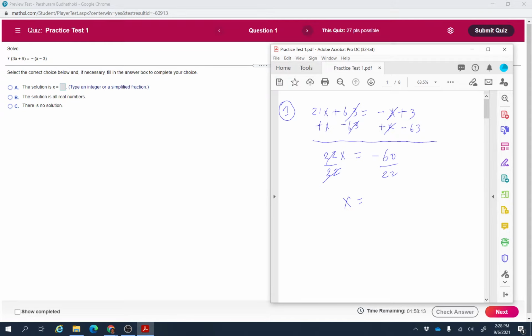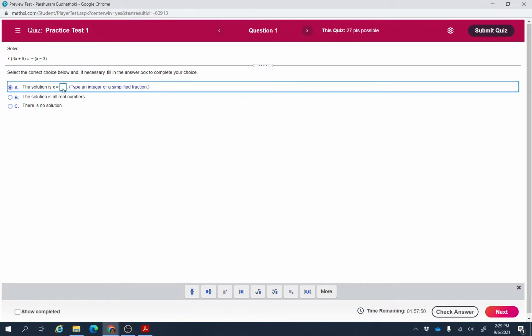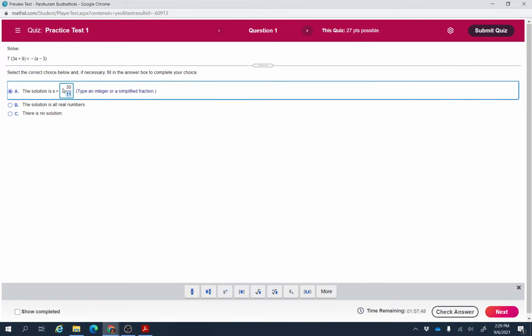We want to simplify, 2 times 30, 2 times 11, so the right form is 30 over 11. You can find out the factors of 60 and factors of 22, and you cancel the common factor. Negative 30 over 11 is our answer.